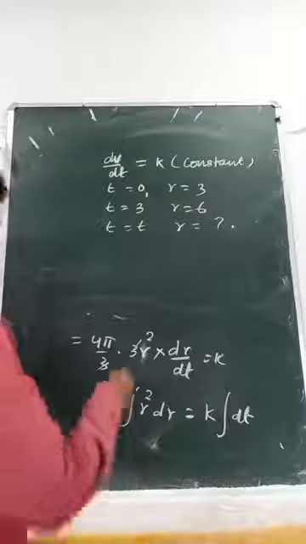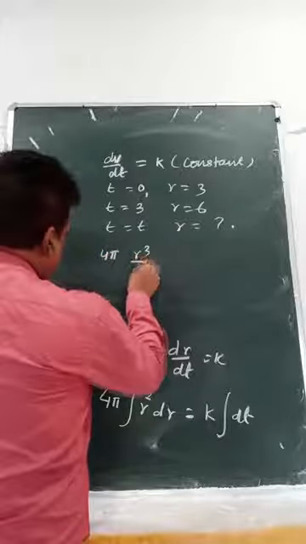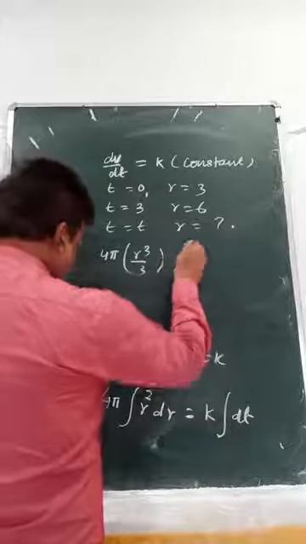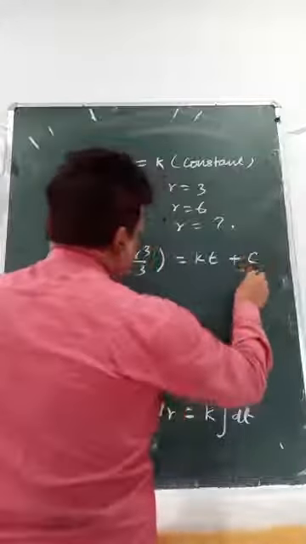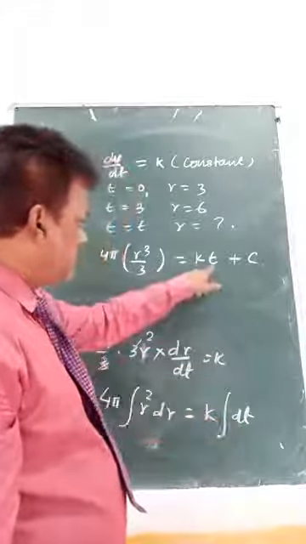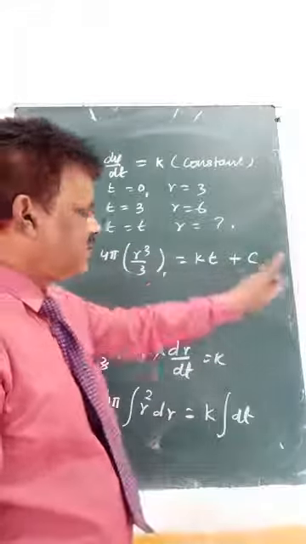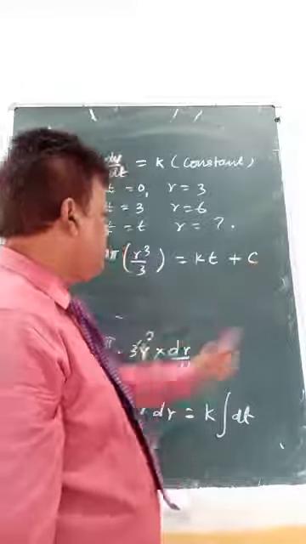So integration is 4 pi r cube by 3 equals Kt plus a constant c. Integration of dt is t. So there are two constants, you will find the values.